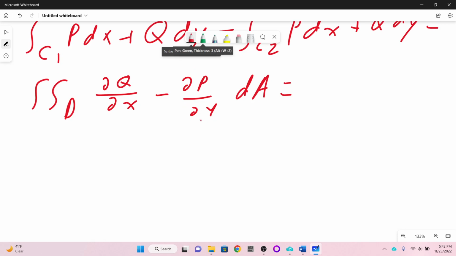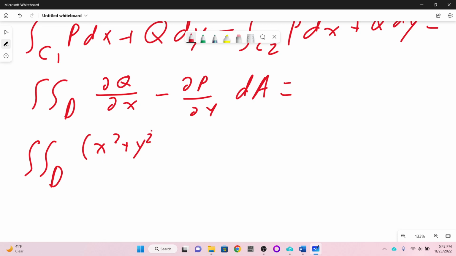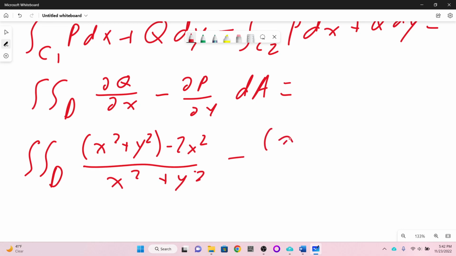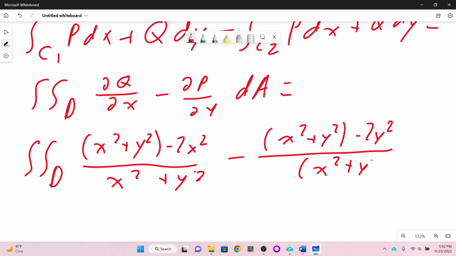Well, no, there's x and y, but it's a pretty straightforward partial derivative problem to get the double integral of (x squared plus y squared minus 2x squared) over (x squared plus y squared) minus (x squared plus y squared minus 2y squared) over (x squared plus y squared). There's an extra negative here, dA. And if you crunch this out, this gives me 0.